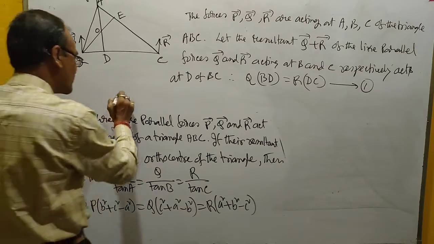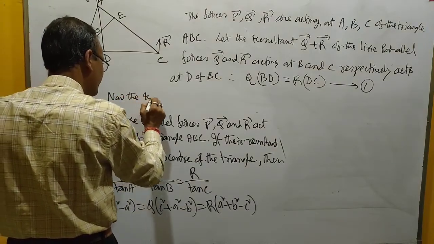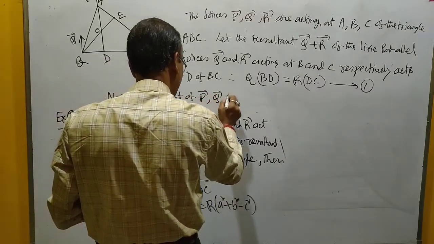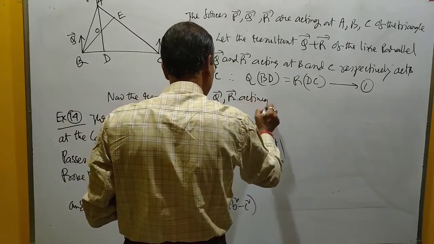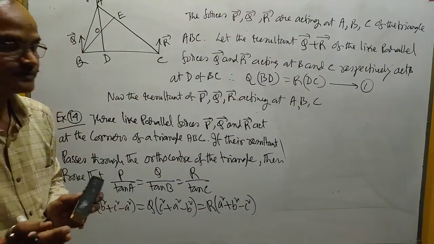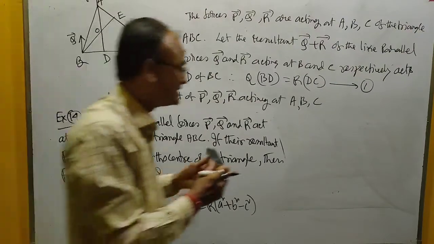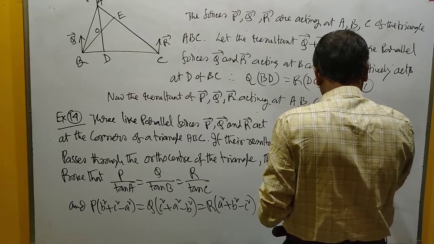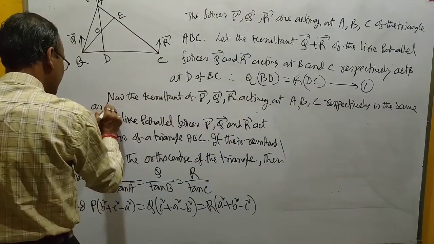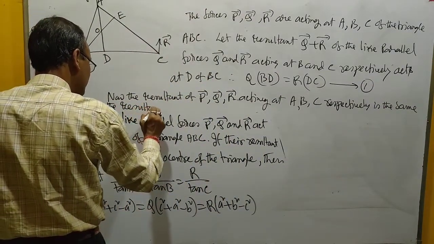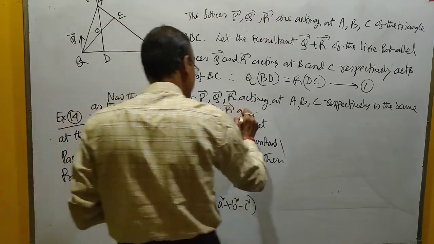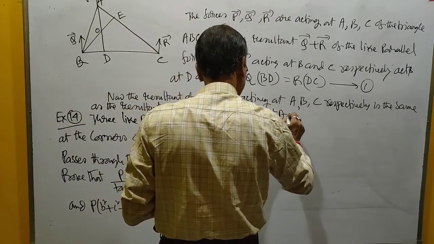Now, the resultant of P, Q, R acting at A, B, C respectively is the same as the resultant of P and Q plus R acting at A and D respectively.